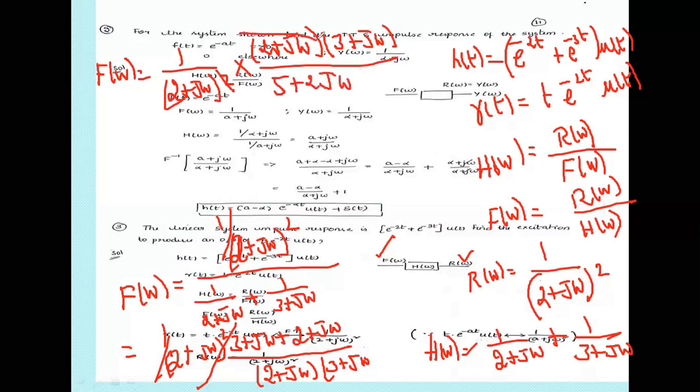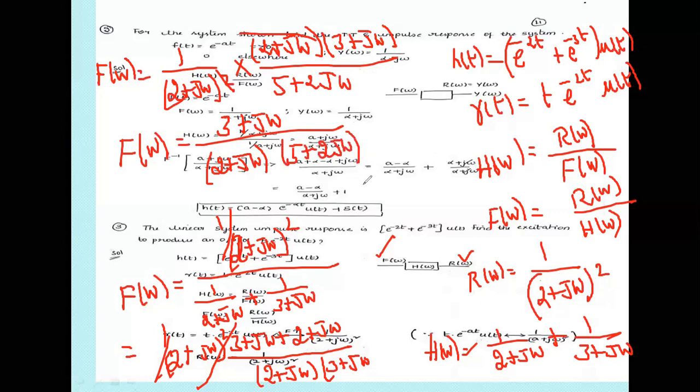So one 2 plus j omega gets cancelled. F of omega is equal to 3 plus j omega by 2 plus j omega into 5 plus 2j omega.